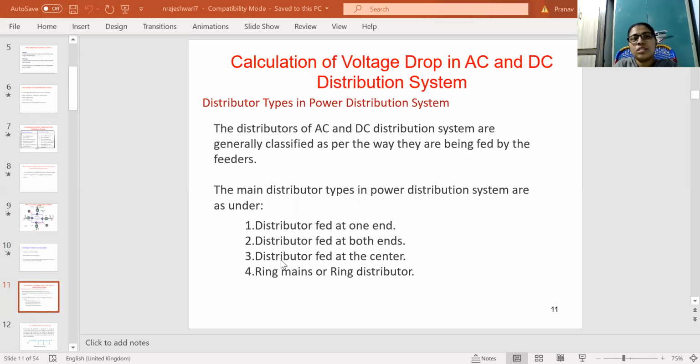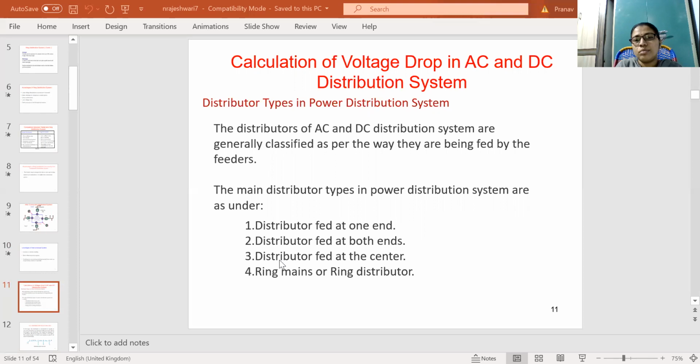The distributor types in power distribution systems are AC and DC. The distributors of AC and DC distribution systems are generally classified as per the way they are being fed by the feeders.